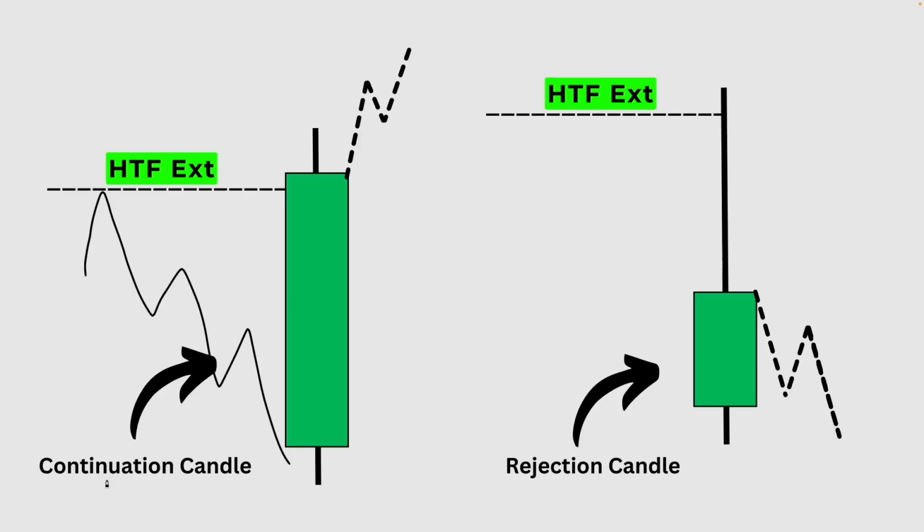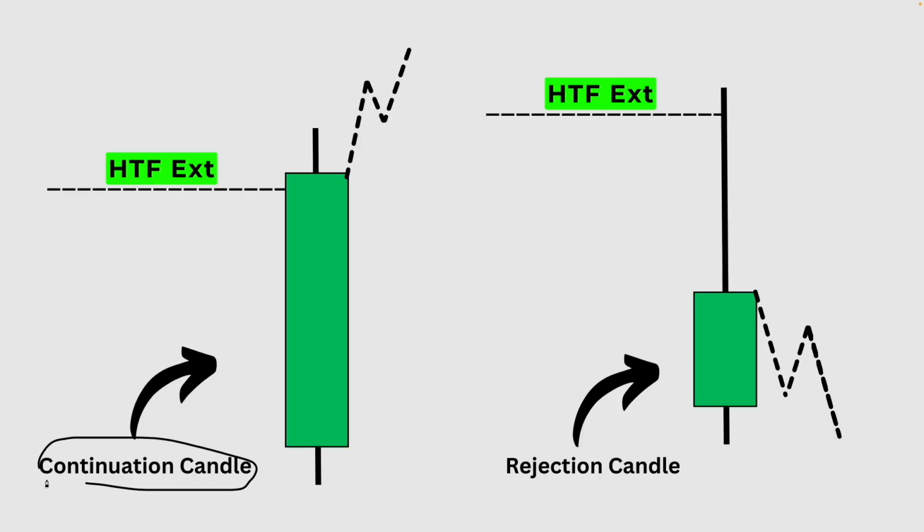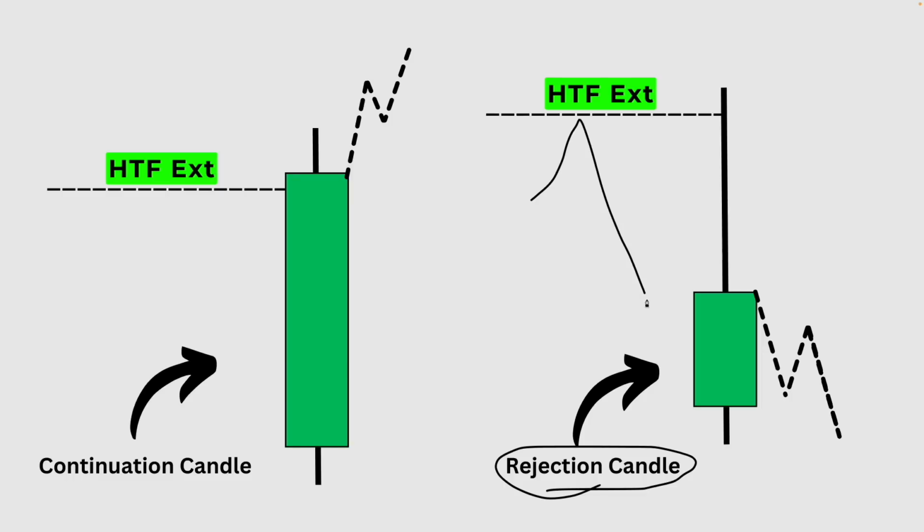Here we have a continuation candle. This is a candle that closes above an external liquidity pool. And here we have a rejection candle, and this is a candle that fails to close above a higher time frame external liquidity pool.